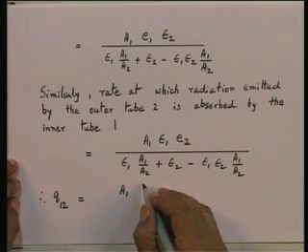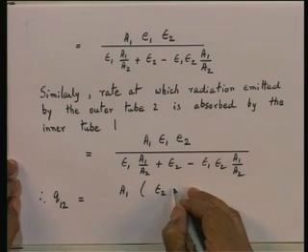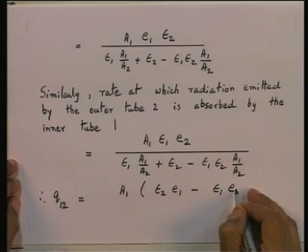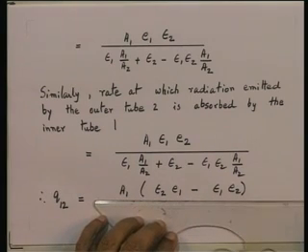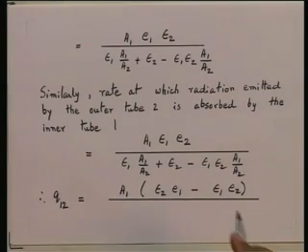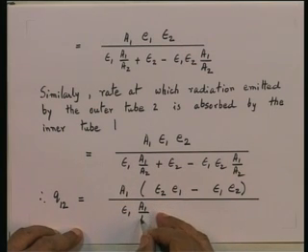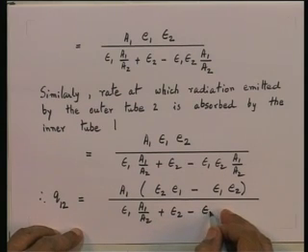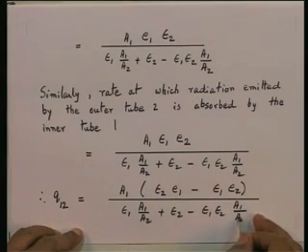So, A1 into bracket epsilon 2 E1 minus epsilon 1 E2, the difference of the two terms, divided by epsilon 1 A1 upon A2 plus epsilon 2 minus epsilon 1 epsilon 2 A1 upon A2.